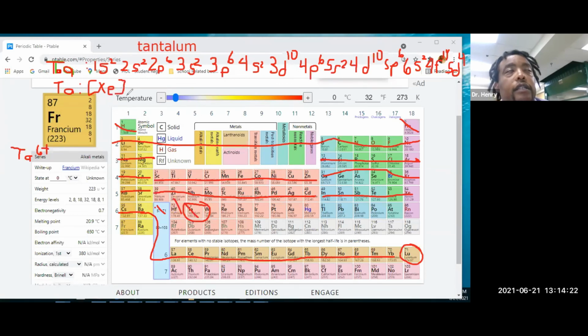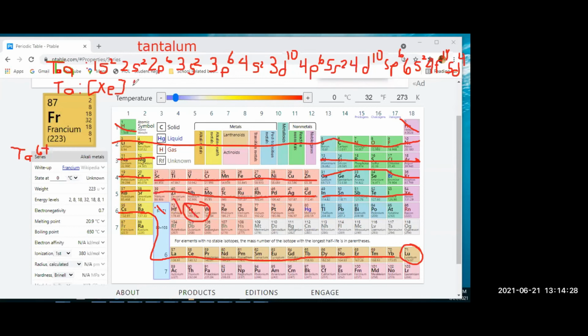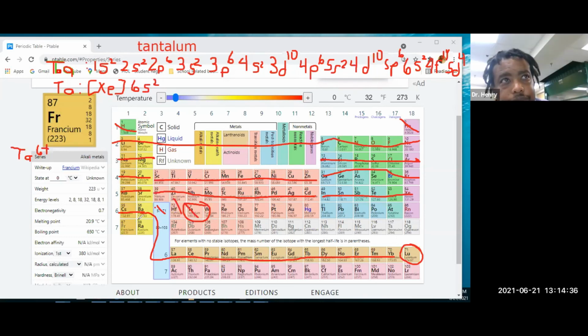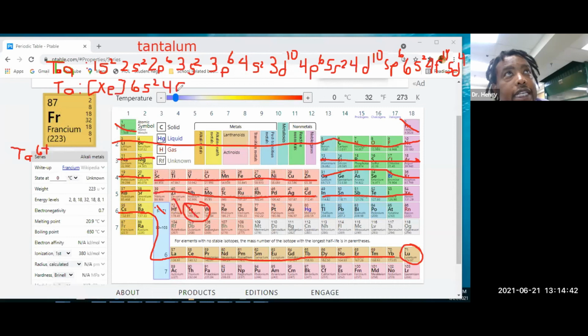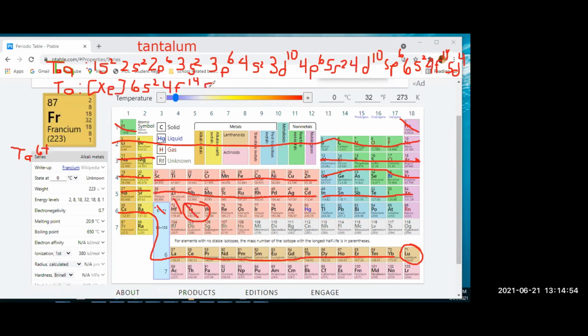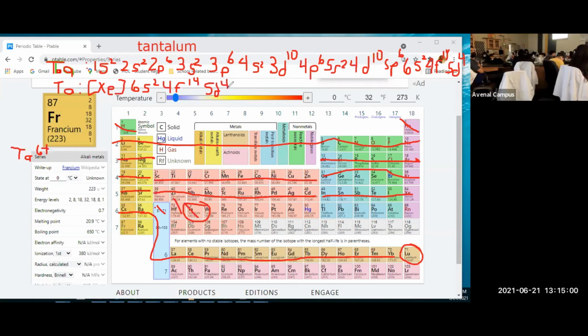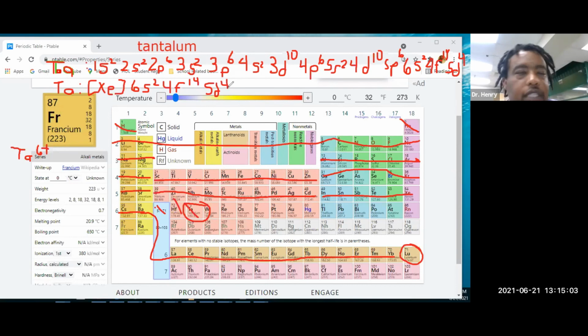Okay, and then 6s2, 4f14, and then 5d4. Okay, so now that's a lot easier, right? Nice and clean, easy to see.